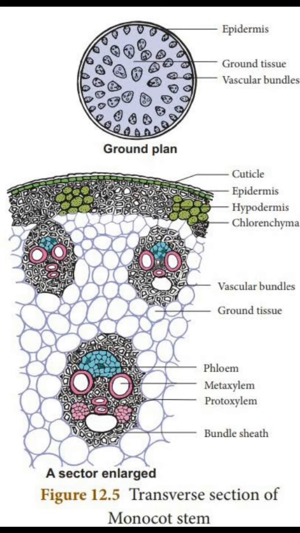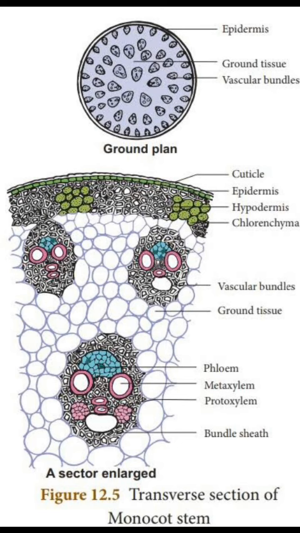Hope you remembered it. So this is a repetition concept and these are the two deleted portions. I repeat once again, this last point: the phloem parenchyma is absent and water containing cavities are present within the vascular bundles.